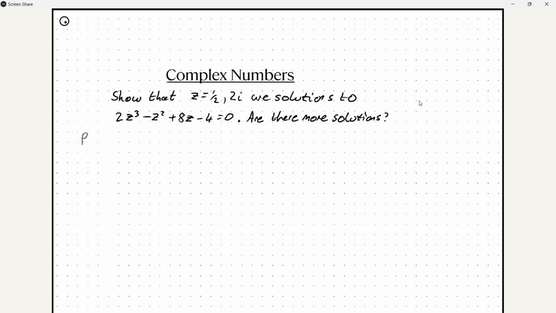So we'll sub it into the equation. Let's call the equation P of z. Let's actually write it down there so it's a bit easier to see. So we'll sub in z equals a half.